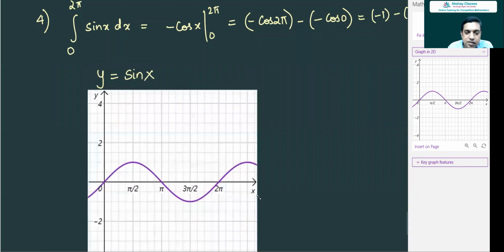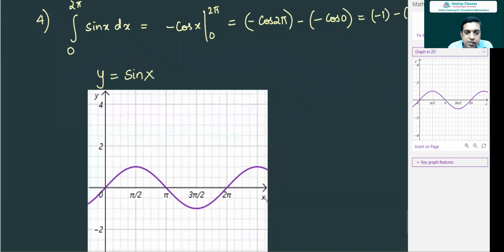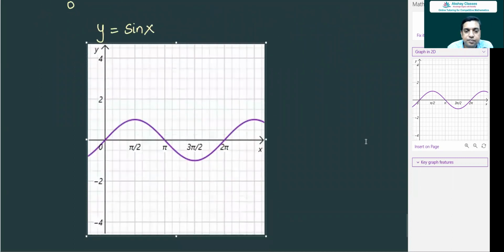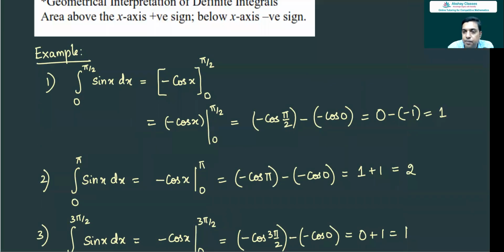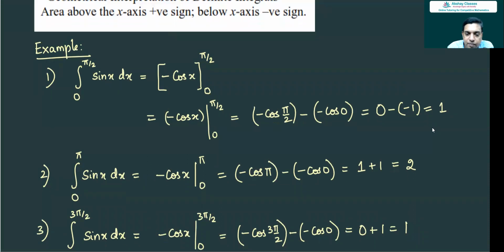I'll expand this. When we did integral 0 to pi by 2, we had got this area, and that area was computed to be 1. We found that area to be 1.